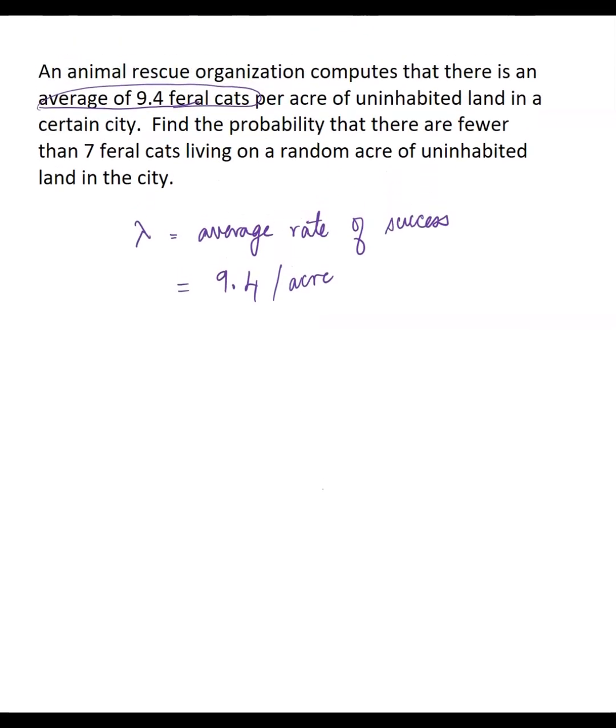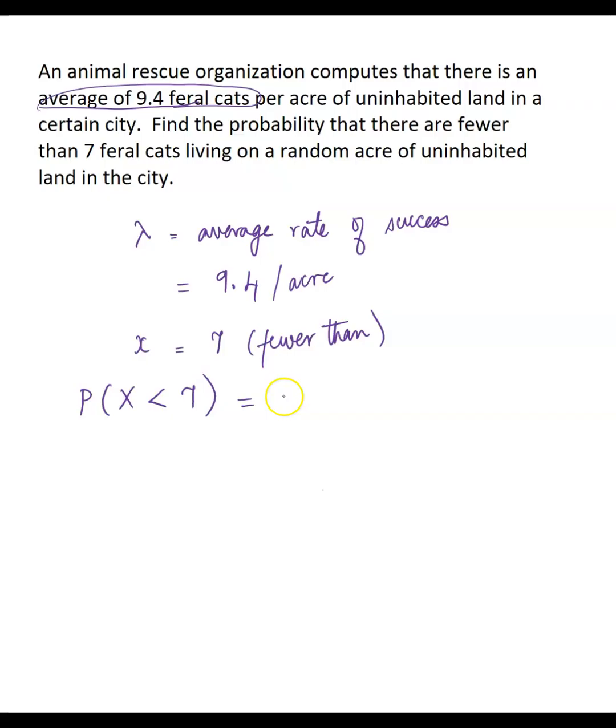And then you need the X for Poisson, right? X is 7 feral cats. But we're asked to find the probability that there are fewer than 7, so less than 7. So clearly we cannot use Poisson PDF because that will mean exactly, but we need fewer than. I have the option of CDF, which is the cumulative function, but CDF would give me less than or equal to.